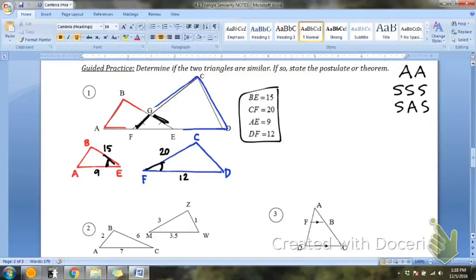And then remember we need to do small side over the small side and medium side over the medium side to see if they reduce to the same thing. Okay, why don't we do that? I always start in the smaller triangle, put that on top. So let's put the measurements of the red triangle, ABE, on top.